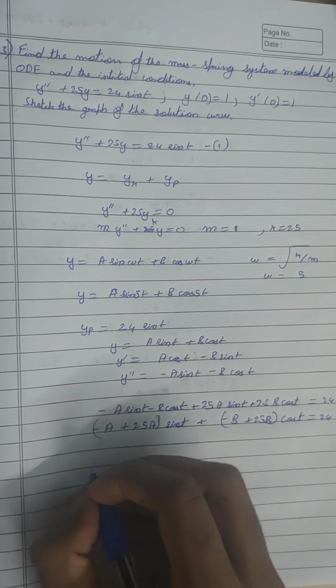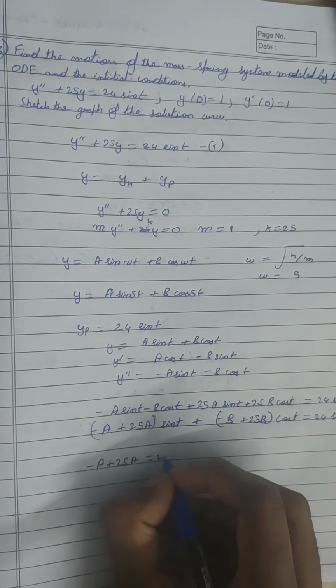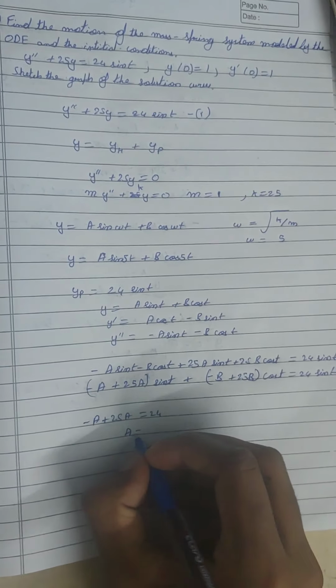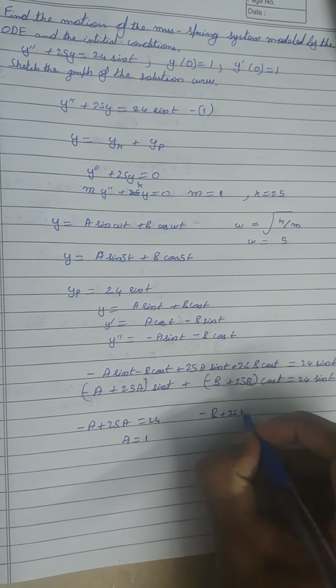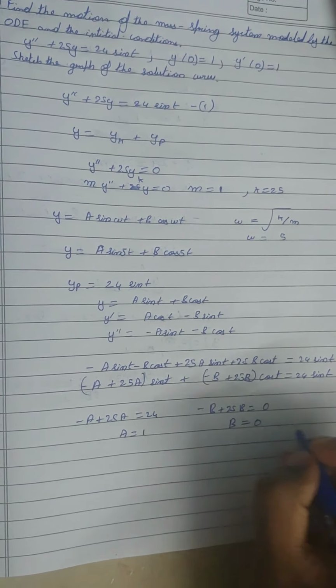Comparing both the sides, we get minus a plus 25a is equal to 24, which gives us a is equal to 1, and minus b plus 25b is equal to 0, which gives us b is equal to 0.